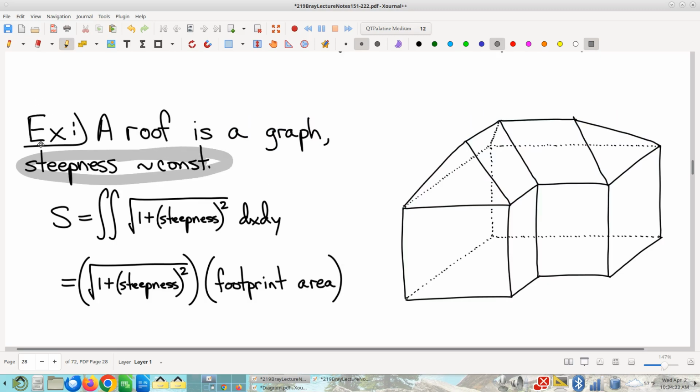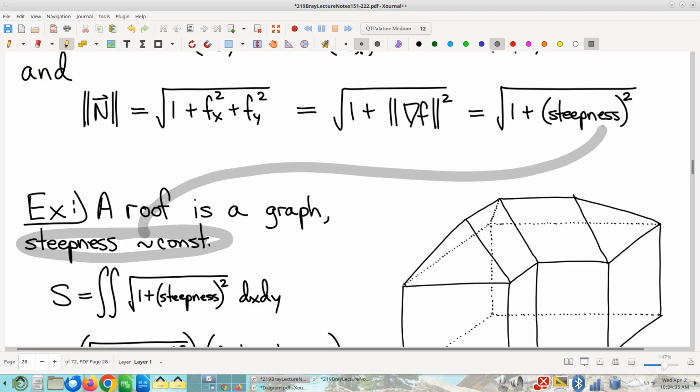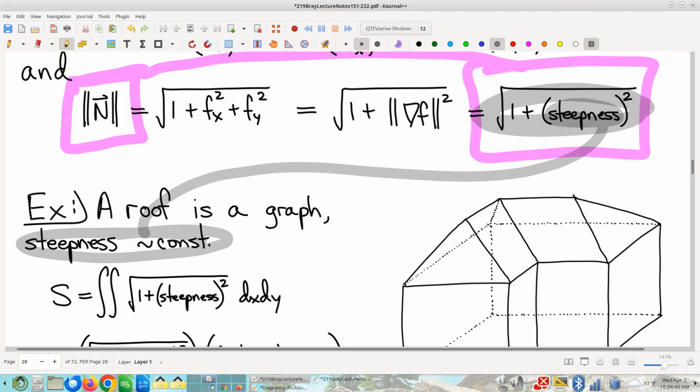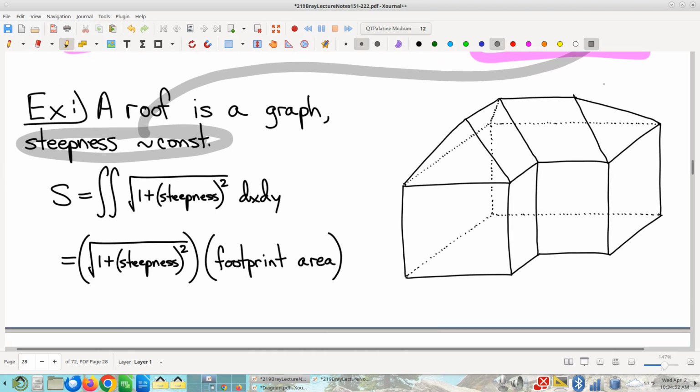And if the steepness is constant, that means that your area stretching factor is constant everywhere on the roof. And so this makes for a fabulously convenient computation.